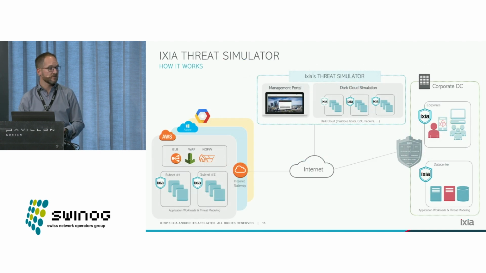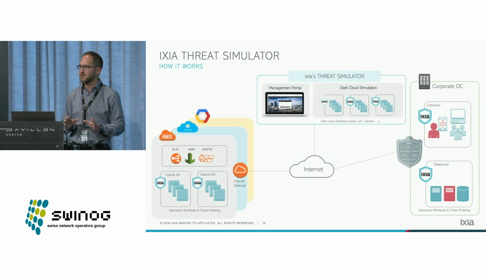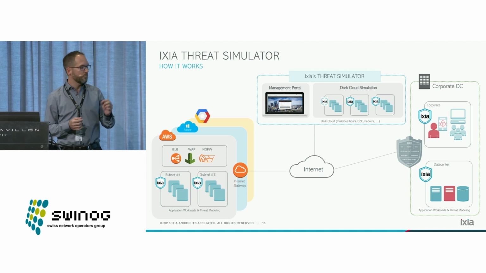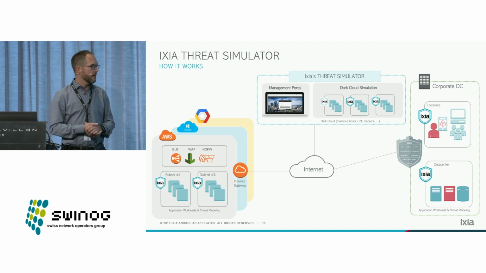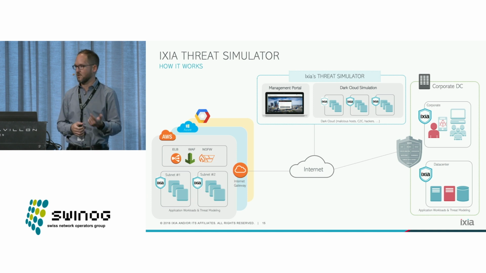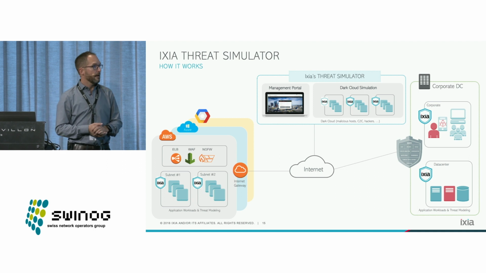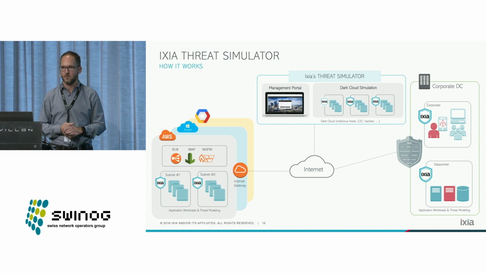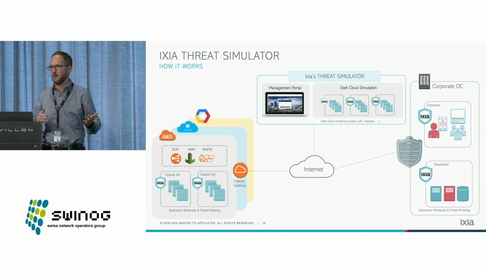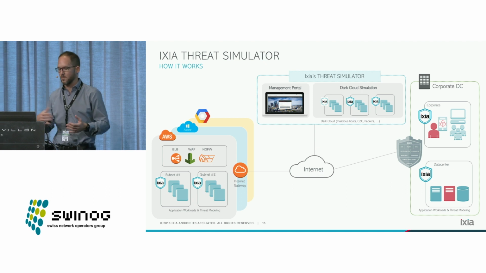It's designed to work in a multi-cloud environment as well as an on-premise deployment. So you deploy endpoint agents in your bare metal installation, in your own private data center, or in the public cloud somewhere. On top of that, there is a dark cloud simulation, which is nothing else than additional endpoints owned by us.